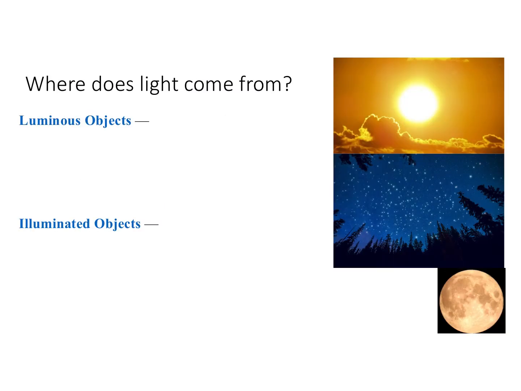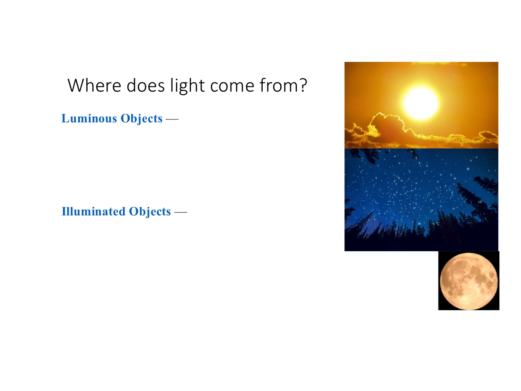So for us now, where does light come from? Well, there are two kinds of sources that we're going to break this up into. We can have luminous objects, and luminous objects emit light from within, right? And here are some examples: the sun, right?